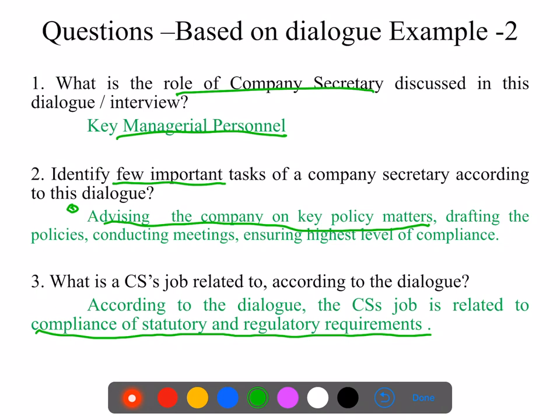So some of you would have found the second question a little more difficult than the third, and some of you vice versa. It depends on how well you know the role or your responsibilities of the profession you are aspiring to become later, or how much of concepts or how much of understanding you have of the subject, or how attentive you were when I read out the dialogue.